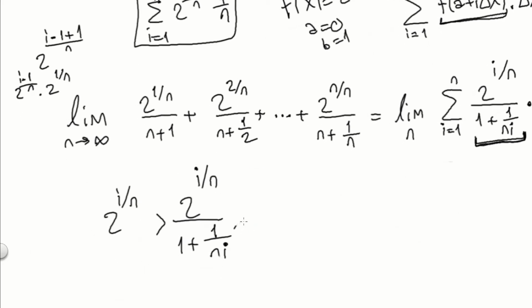So this is exactly equal to the same fraction, 2 to the (i minus 1) over n times 2 to the 1 over n. I didn't change anything, I just took out the part I needed. So I have 2 to the 1 over n plus 1 over n times i.